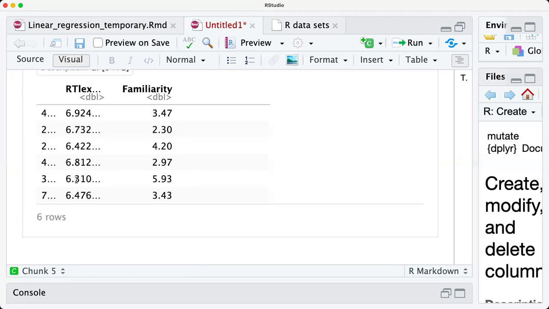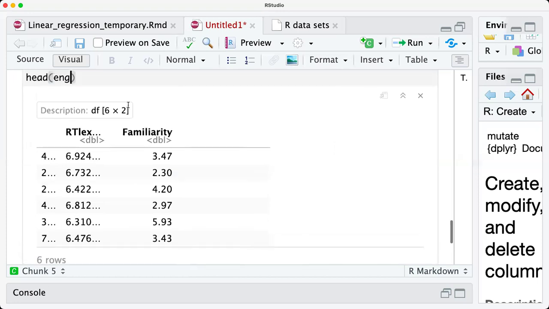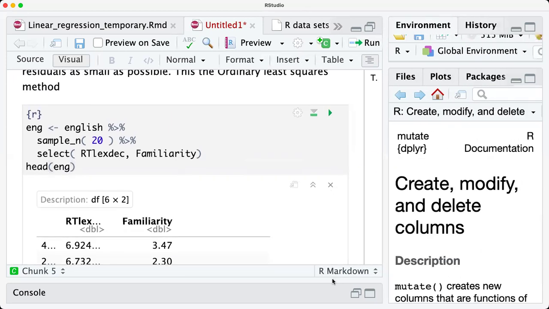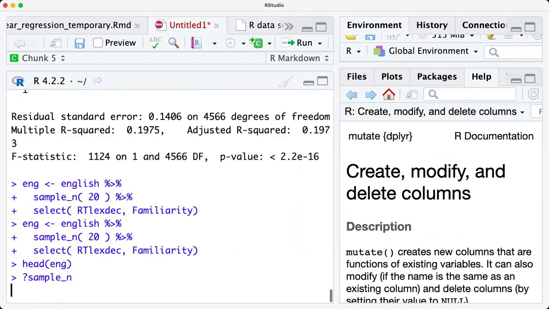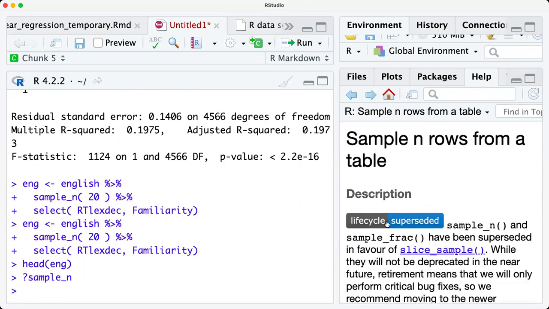So you see there are only 6 rows. Why? Doesn't make too much sense, but let's see. This function, sample n: sample n rows from a table.